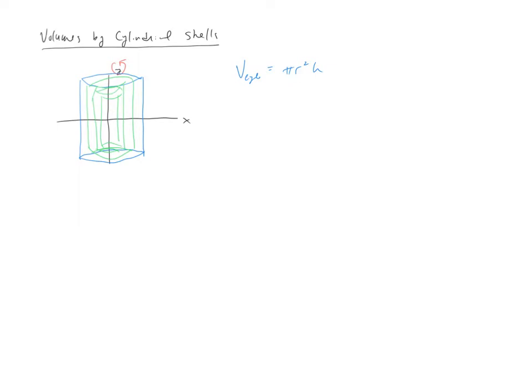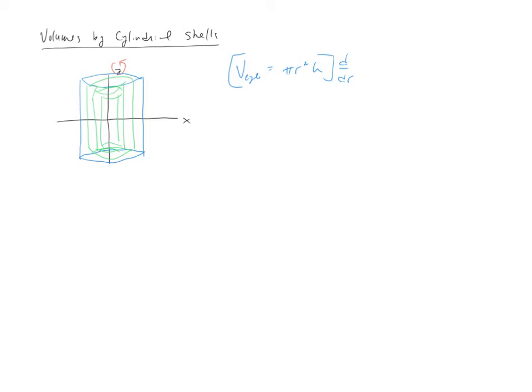Okay. Now, when it comes to the actual formula that we're going to use, I'm going to take this volume of a cylinder up here, and I'm going to differentiate it with respect to r. When you think about it, the height of these cylinders, even the green ones, aren't going to change, but the radius of the cylinders are going to change.